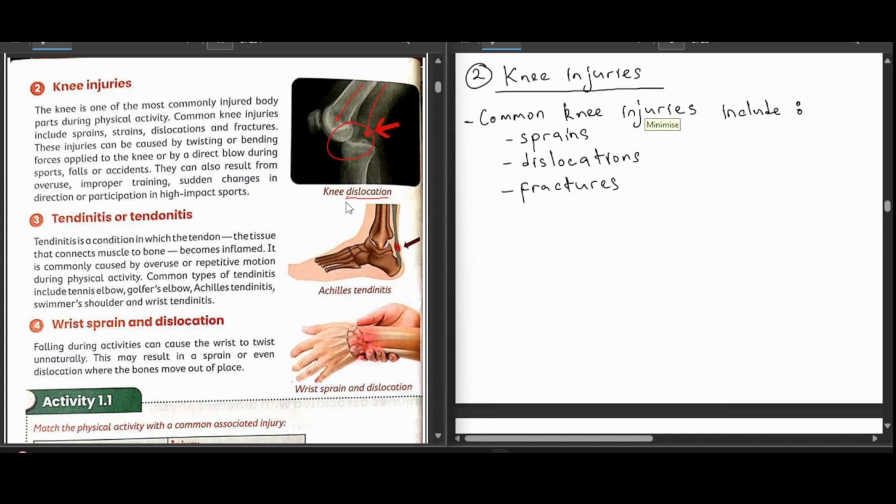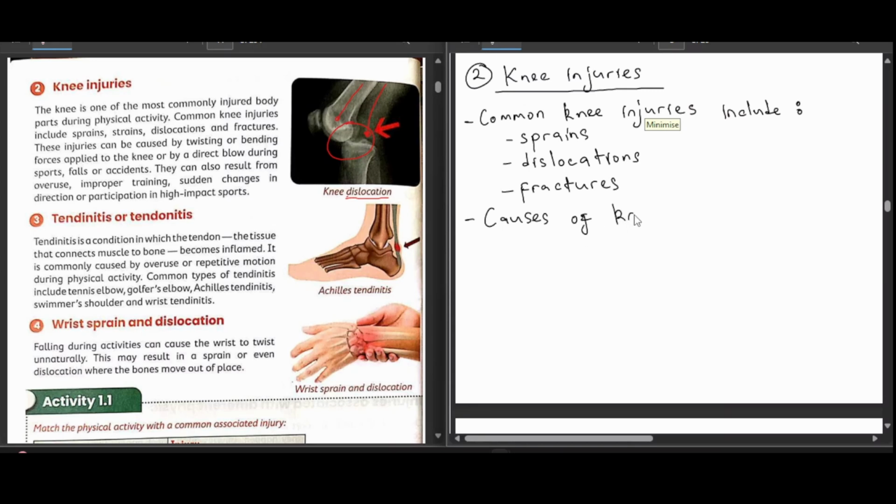That's a dislocation. Then we have sprains, which are a result of stress on that particular area. These injuries can be caused by twisting or bending forces applied to the knee or by a direct blow during sports, falls, or accidents.